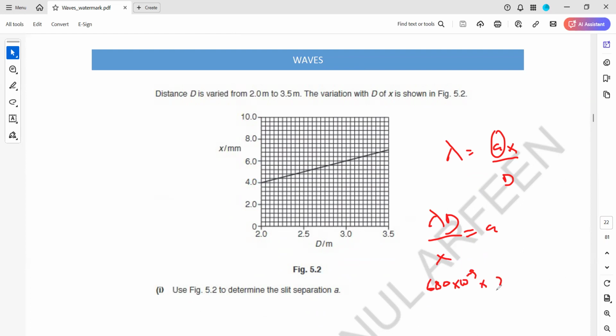D is 2, and this is 4 into 10 to the power negative 3. So the value of A is 3.4 exponent minus 4. So A is equal to 3.4 into 10 to the power minus 4 meter.